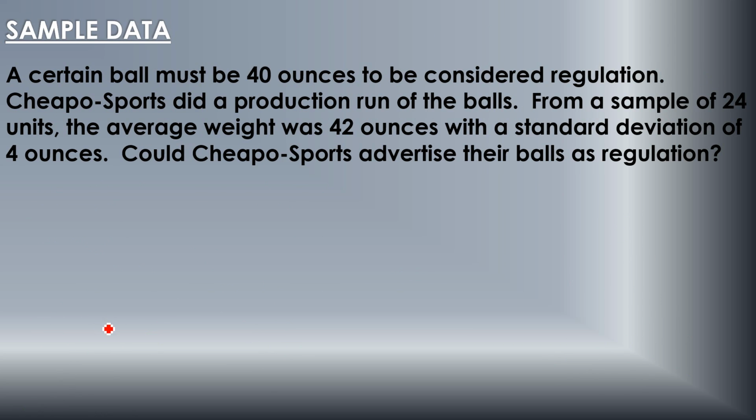All right, so this problem. Last example, a certain ball must be 40 ounces to be considered regulation. Cheapo Sports did a production run of balls from a sample of 24 units. So this is our sample size, our N, which means our degrees of freedom is 23.